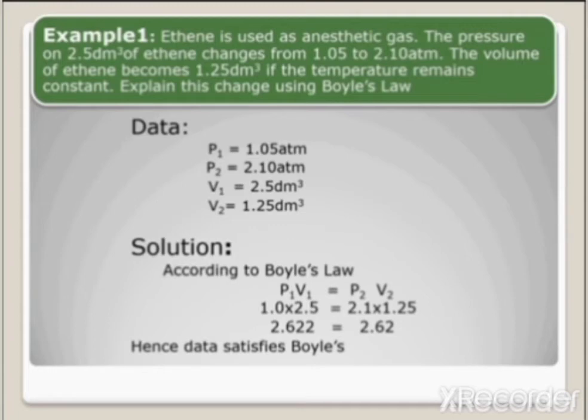Now according to Boyle's law, P1V1 is equal to P2V2. We will multiply the values of P1V1 and we get the answer 2.62. Multiplying P2V2, again we get the same answer, that is 2.62. Since both the values are same, therefore the data satisfies Boyle's law.